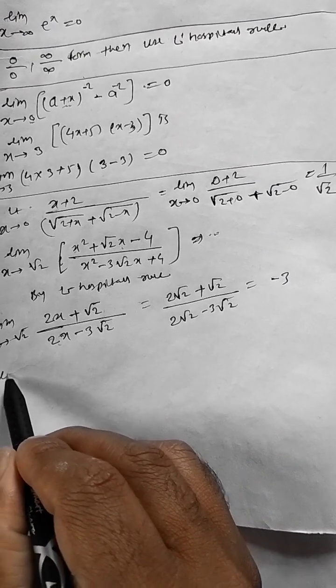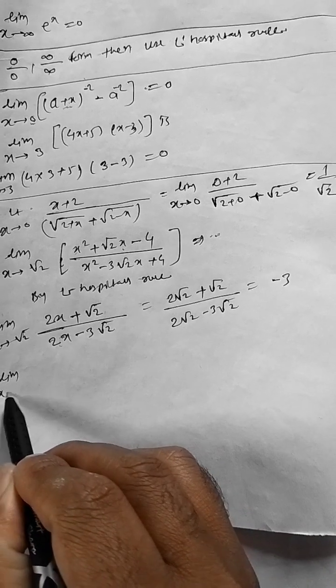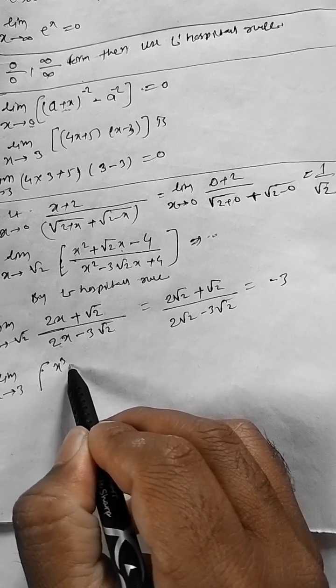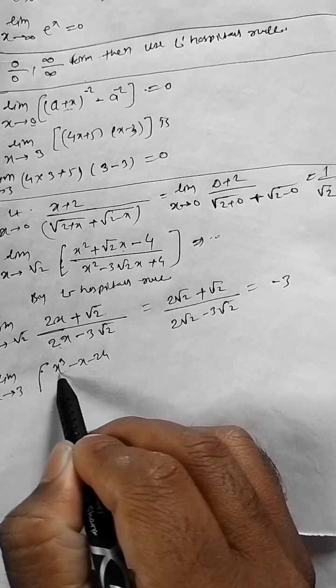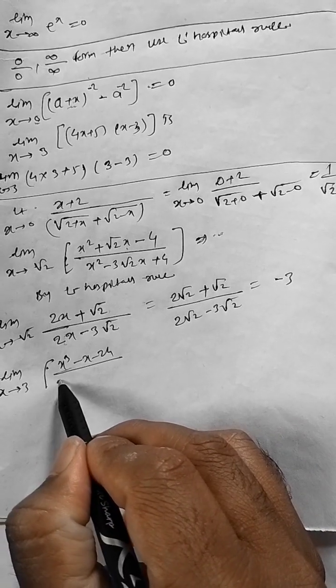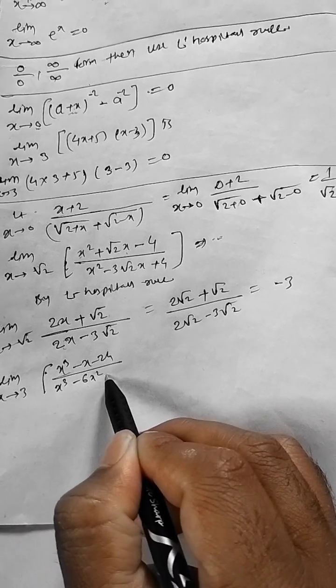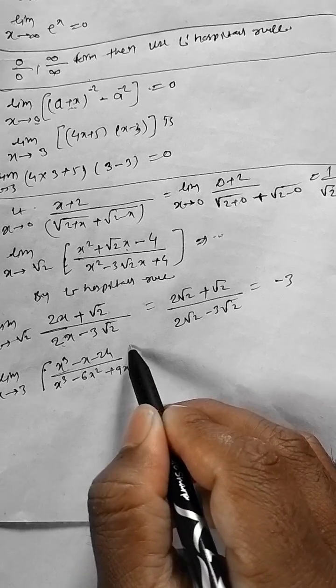Next is limit x tends to 3 of (x cubed minus x minus 24) upon (x cubed minus 6x square plus 9x).